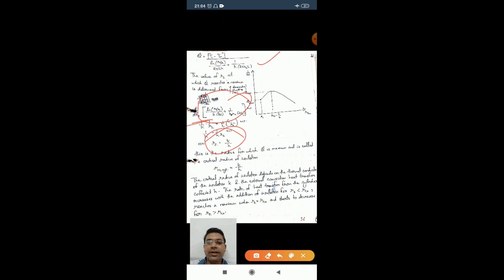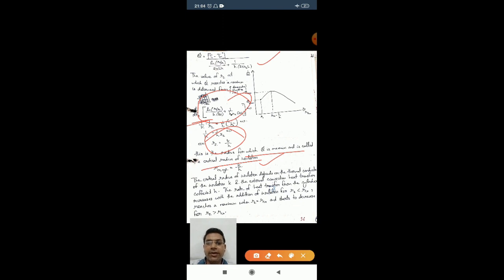This is the radius for which Q is maximum, and this is called the critical radius of insulation. This definition is important from various points of view, right from your semester exam to competitions. So you must know it and its basic concept also.